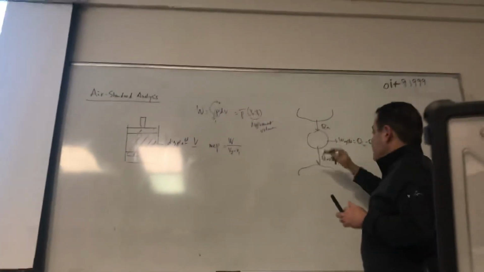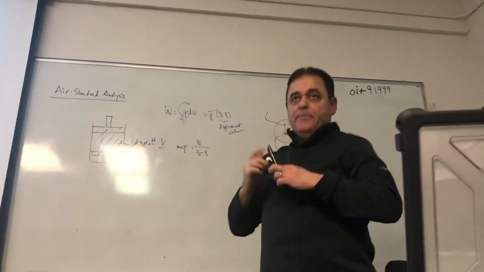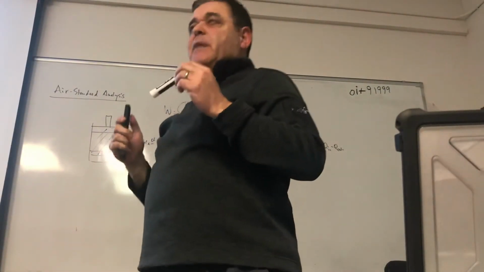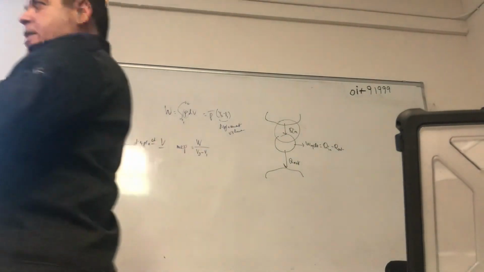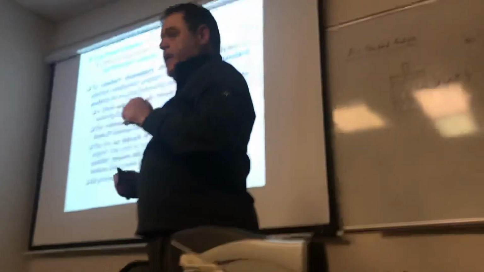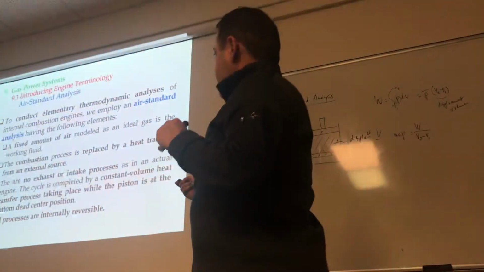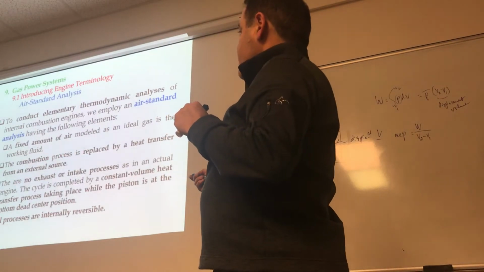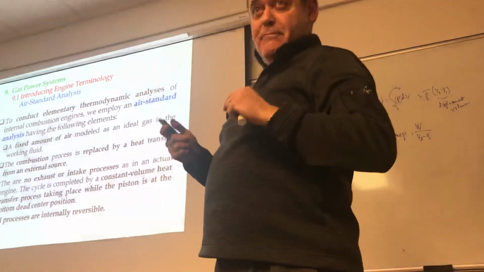So that combustion is really what's bringing in this Q in. So instead of getting dragged into how much air or how much fuel, I just replace the combustion with a heat transfer from an external source.